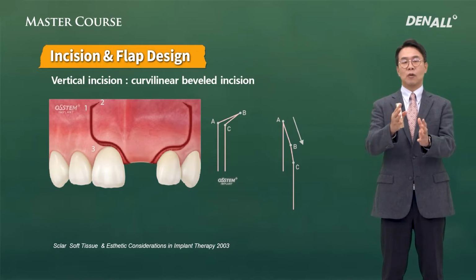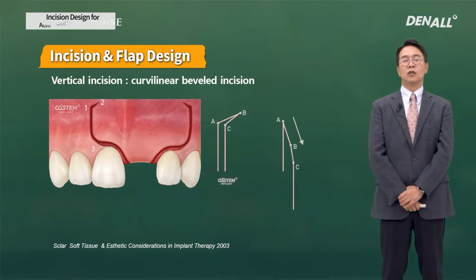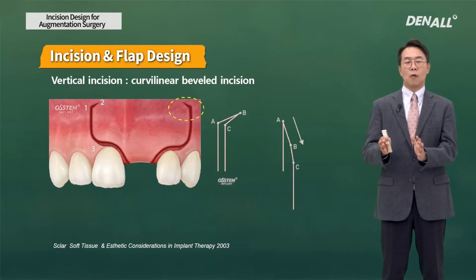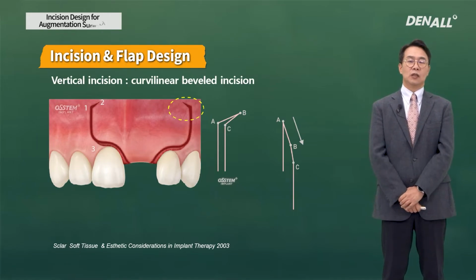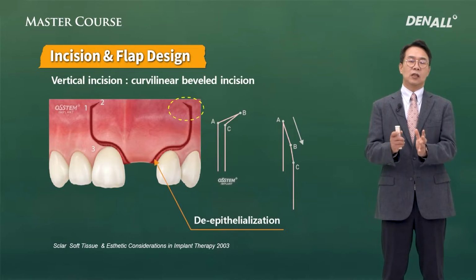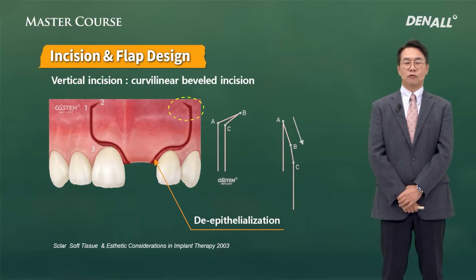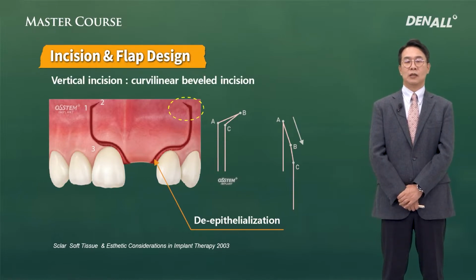If you calculate it vertically in the right figure, if you extend A, B, and C, it can be much longer than actual length. So by giving a cutback incision, the length of a flap can be lengthened. Especially this area with the curvilinear beveled incision, the epithelialization is very important. So there are differences in how the incisions can be made.